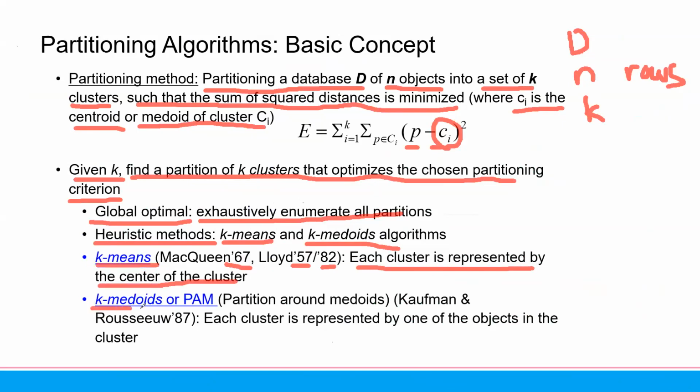There's another method called k-medoids, or PAM, partitioning around medoids, developed in 87. Its cluster is represented by one of the objects in the cluster. So we will check about this.